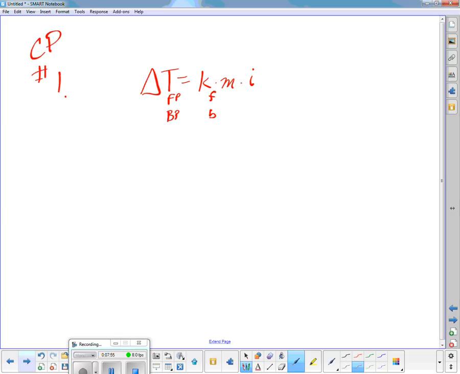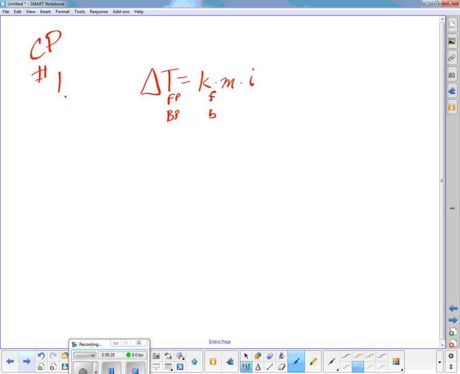Anytime I add a solute to a solvent, those 4 things happen to the solution. So the original solvent's freezing point gets lowered. The original solvent's boiling point gets raised. The vapor pressure gets lowered. And osmotic pressure is now possible, or osmosis is now possible. So on those questions 3 and 4, you're just answering what's going to happen. Remember your 4 colligative properties. If I add anything to a solvent, it's going to do those 4 things.